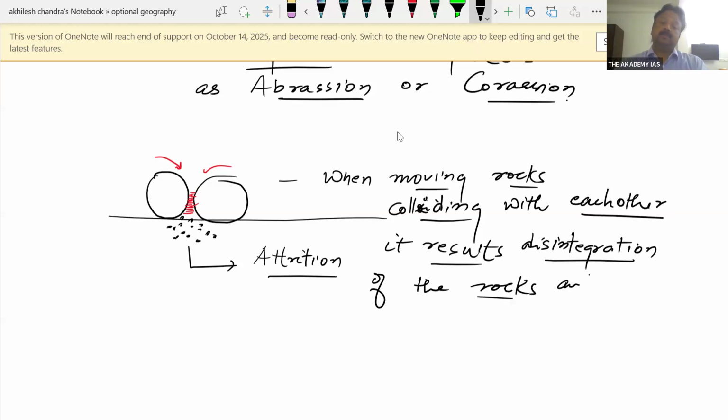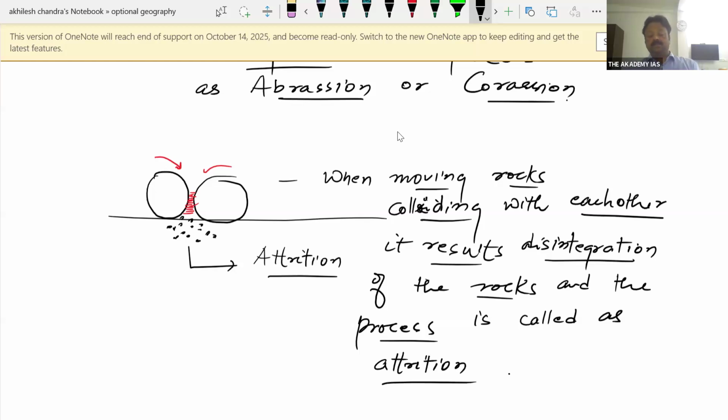And the process is called as attrition. The process is called as attrition. So attrition, abrasion, fine.